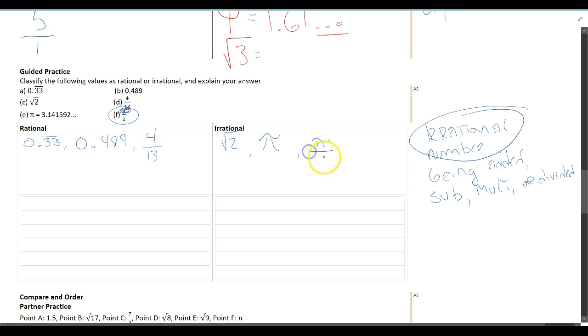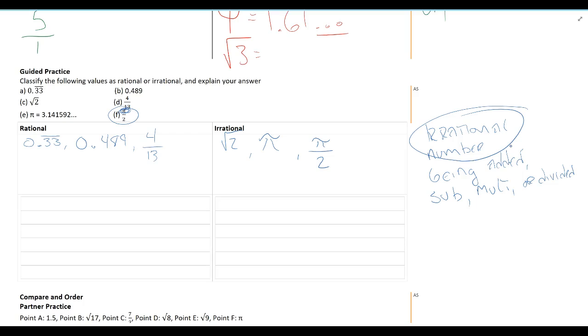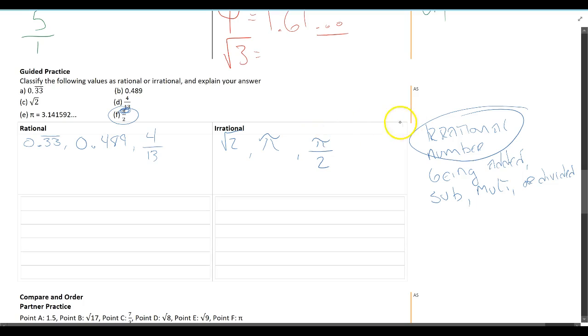There we go. That is unless, of course, you have pi divided by pi, but that's a whole different situation. Typically, the way to remember this is if there's an irrational number being involved, an irrational and a rational, you're going to get an irrational number. So I could say, I don't know, pi divided by 8.